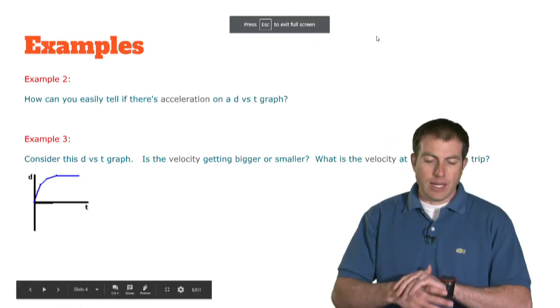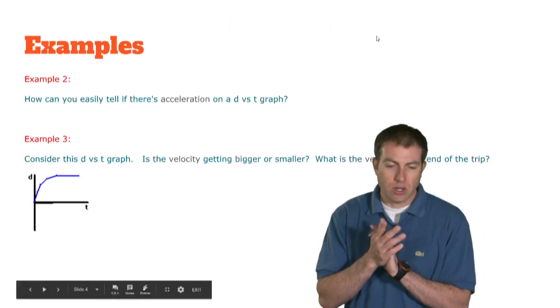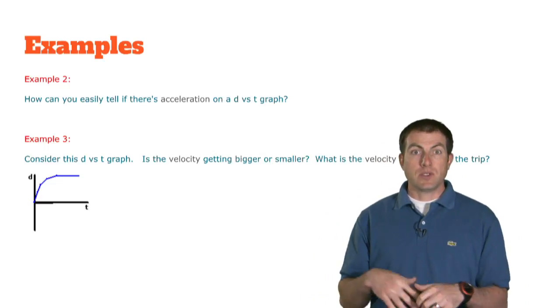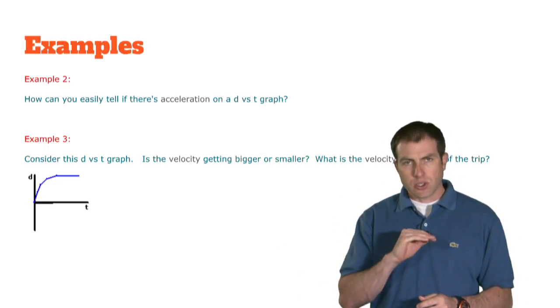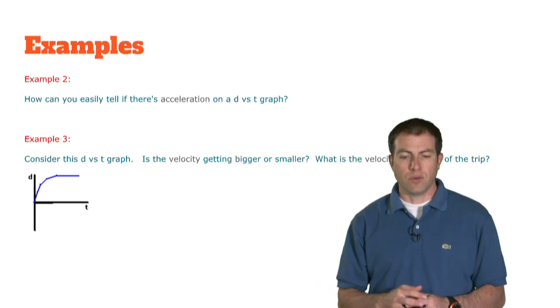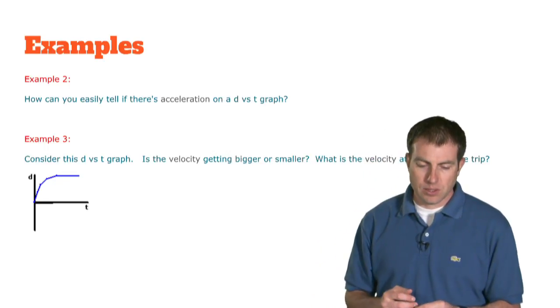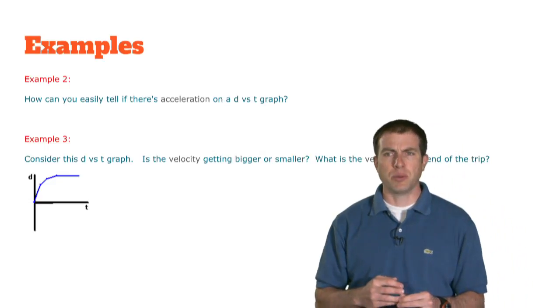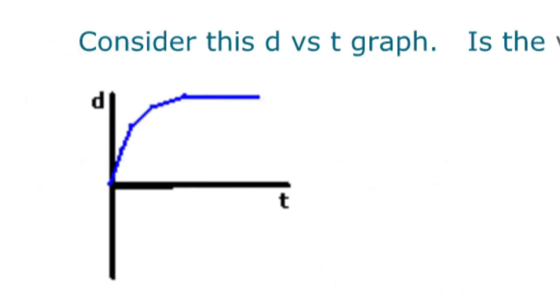All right, so how can you easily tell if there's acceleration on a distance versus time graph? Acceleration means an object's speeding up or slowing down. It's not traveling at a constant or uniform rate. So is there anything, maybe even looking at example number 3 below, that's a little bit special about example 3 or this line here compared to most of the lines that we've seen up until this point?